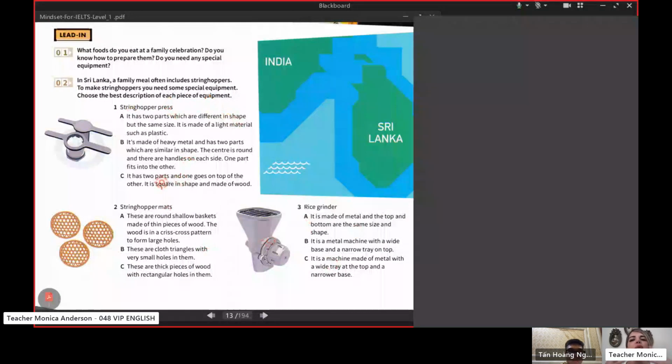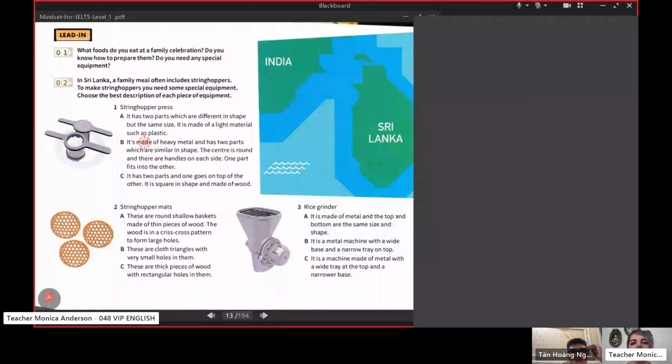Just tell me if you understand anything related to these three parts or not.